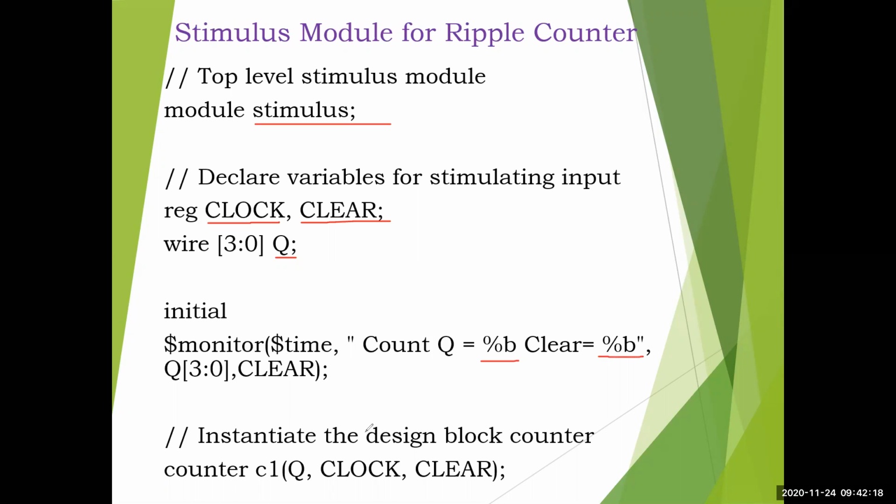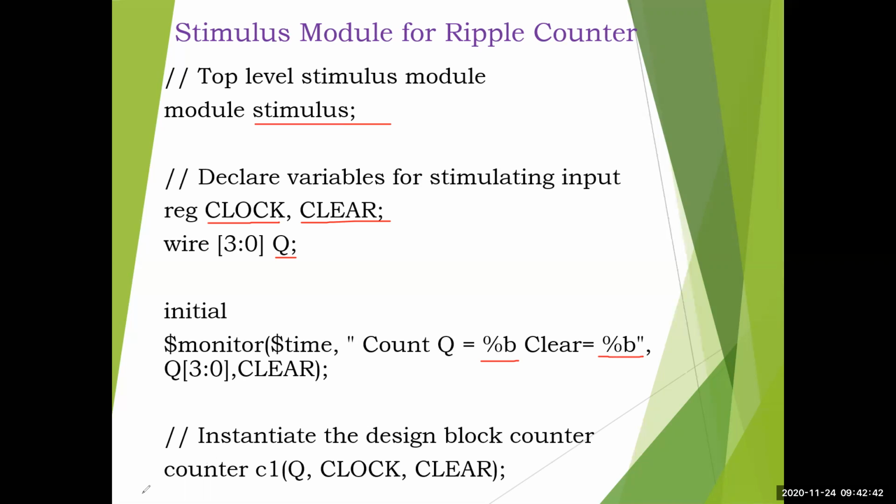That means the counter keeps on changing the value. The clock will start initially, and clear will reset it to 0. It is counting 0 1 2 3 4 5 6 7 8 9 10 11 12 13 14 15, after that it goes to 0. In between, when it has reached 7 you may reset, so it will again start from 0, not from 8. That is the idea of clear.